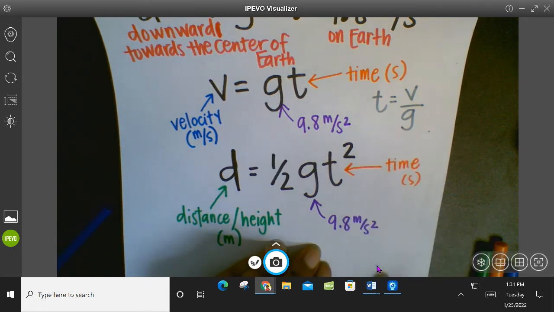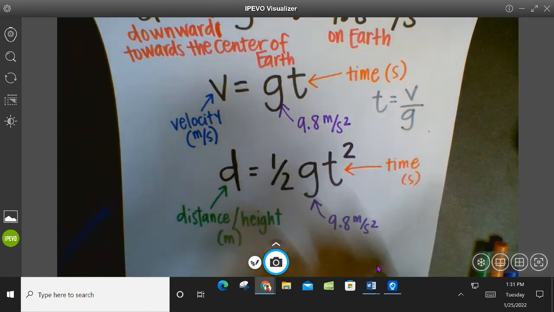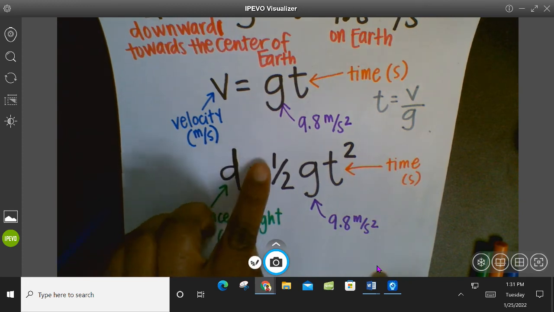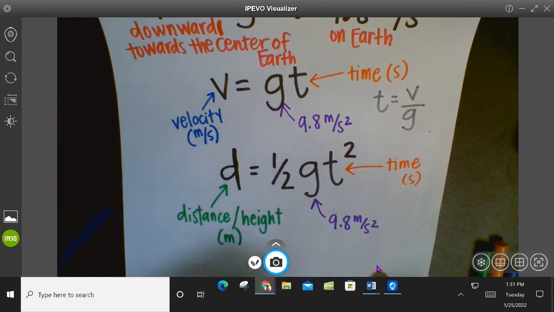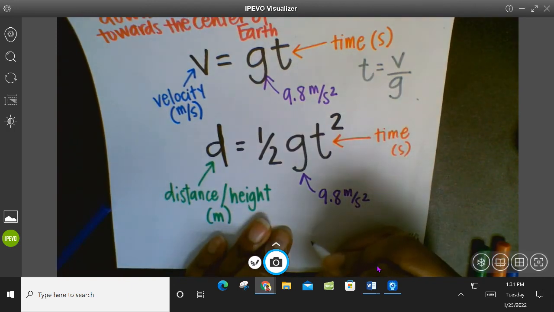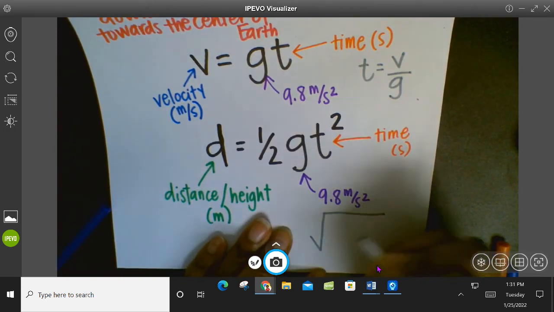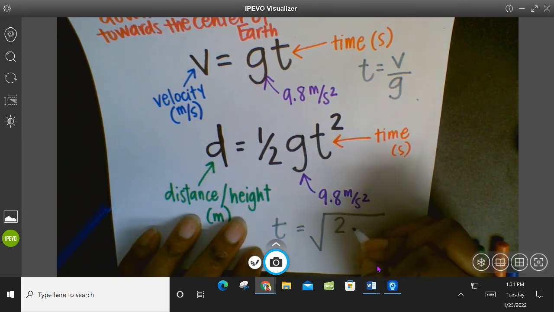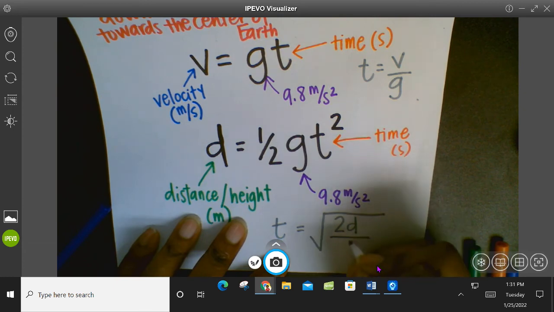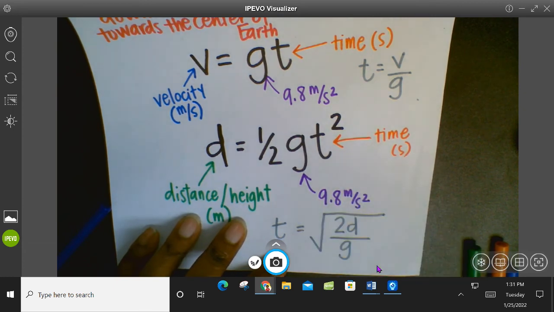So I'm going to go ahead and give you that. Make sure you write that down. And then here, if you're given the distance, but I want you to find time, what you're going to do is take the square root of 2, well, I forgot to put this right here, time equals the square root of 2 times your distance over acceleration due to gravity.